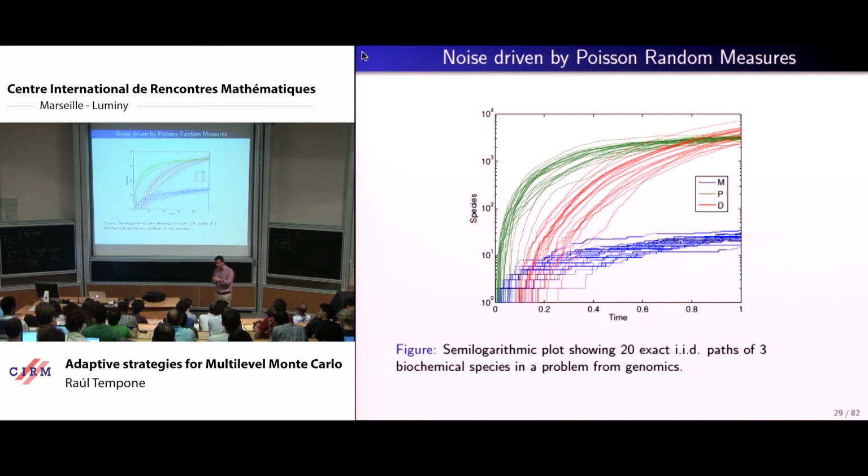So you can think of 3 populations randomly changing inside of a system according to maybe biological reactions or chemistry reactions, for instance. And even though these green paths do not show it, they are as discontinuous as the blue ones, essentially. Okay? It's just that you have a logarithmic scale and you may be fooled by the logarithmic scale. That's it.